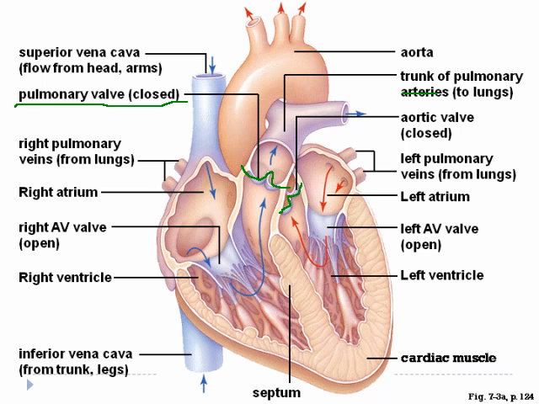And then here is the aortic semilunar valve going into the aorta. And so the pulmonary valve goes into the pulmonary artery. The aortic valve goes into the aorta. So this terminology kind of names the valves based on the vessels that they're leading into.